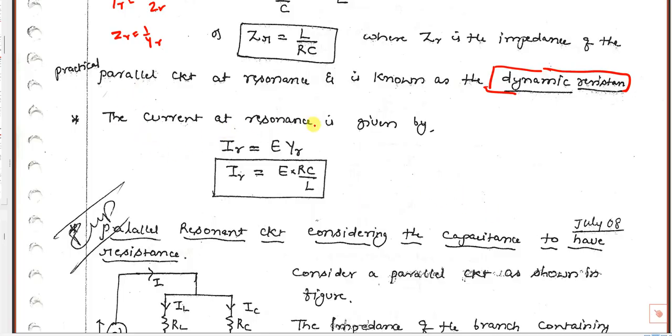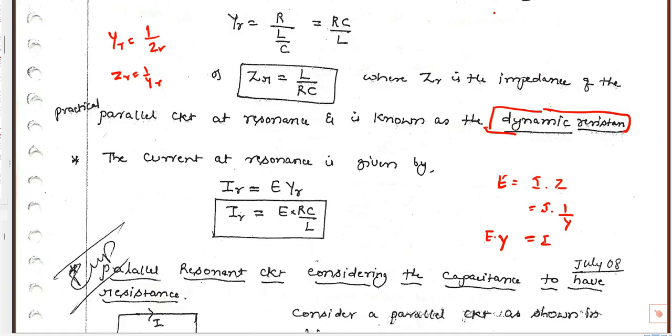And the current at resonance is given by I is equal to E into Y. Actually, E is equal to I into Z, and Z is nothing but 1 over Y. So I is equal to E into Y. We know that Ohm's law is V is equal to I into R. Here it is impedance; Z is nothing but 1 by Y. So if we cross multiply, I is equal to E into Y. So at resonance, IR is equal to E into YR, and YR is given by RC by L. Or we can also write I is equal to E by Z, and Z is given by L by RC.